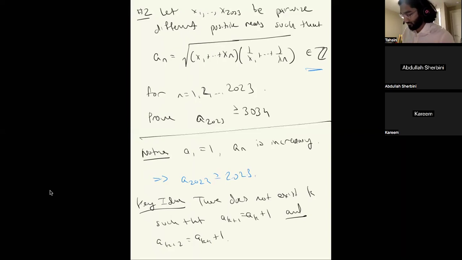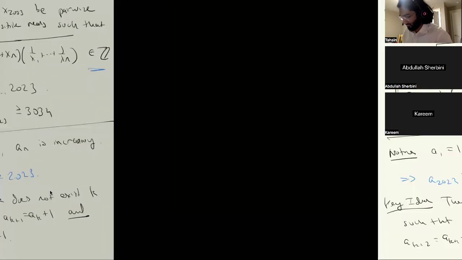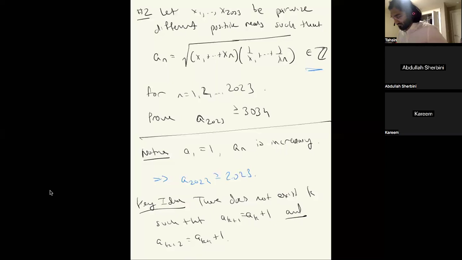divided by s times s, and then you add x n plus 1 and 1 divided by x plus 1.